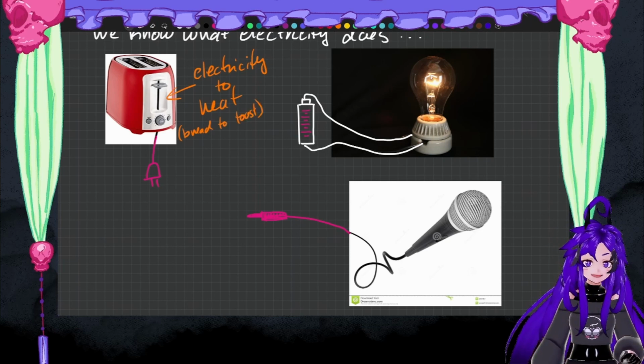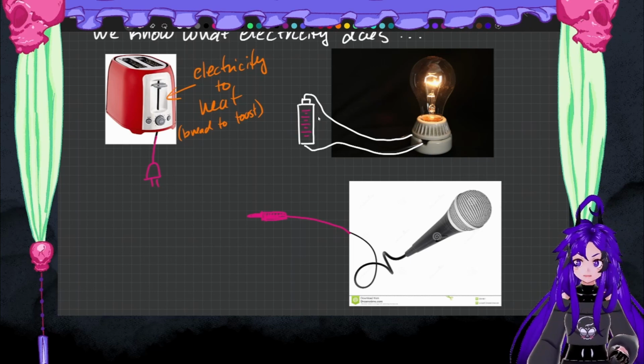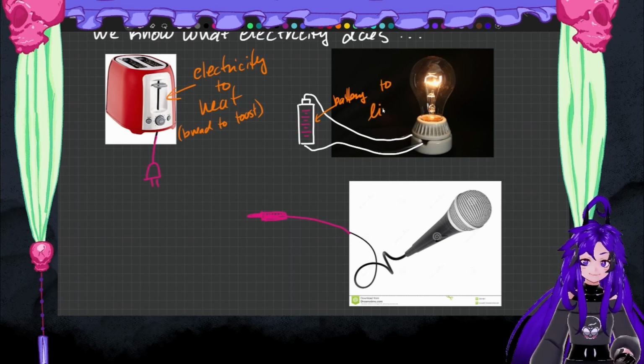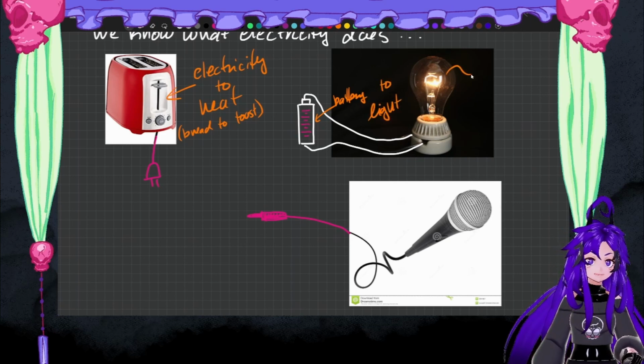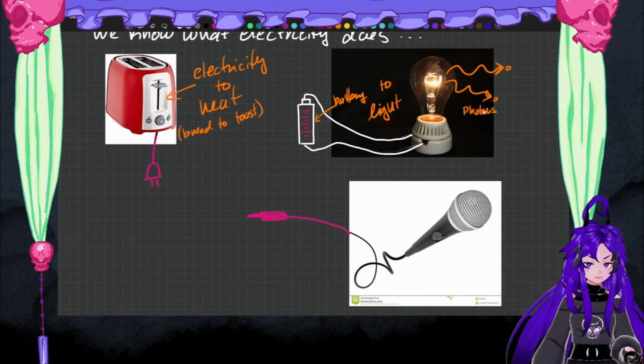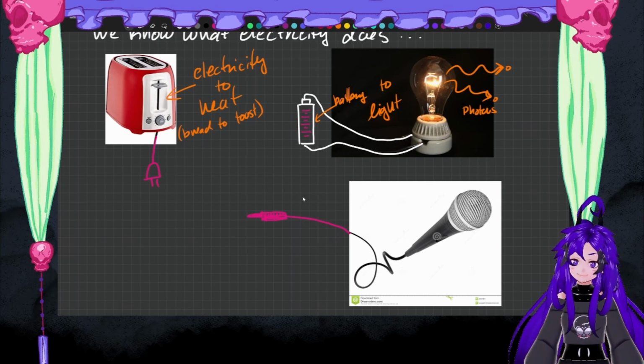And a light bulb converts electricity from this battery to light, right? And light is particles, photons. Photons are the particle that carries light, but they also behave like a wave. It's cool stuff, but it's not super related yet.